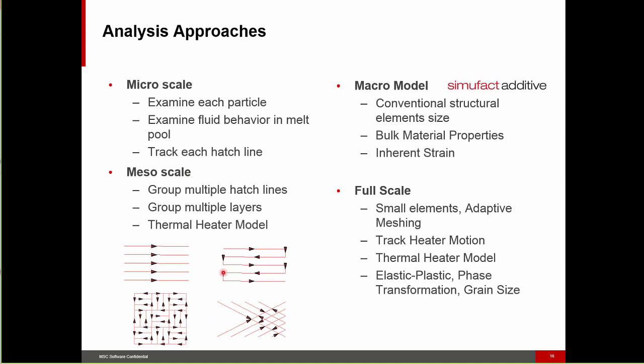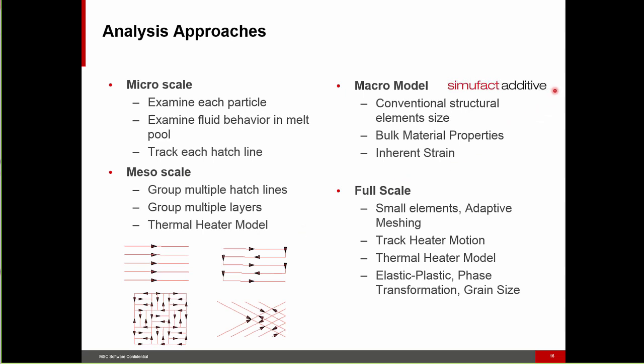We talk about the mesoscale level, where we group multiple hatch lines together. We group multiple layers together. We have an effective thermal heat transfer model. That's what we've conventionally done in processes like welding. We're going to show some examples of that to demonstrate that we can capture very accurate results.